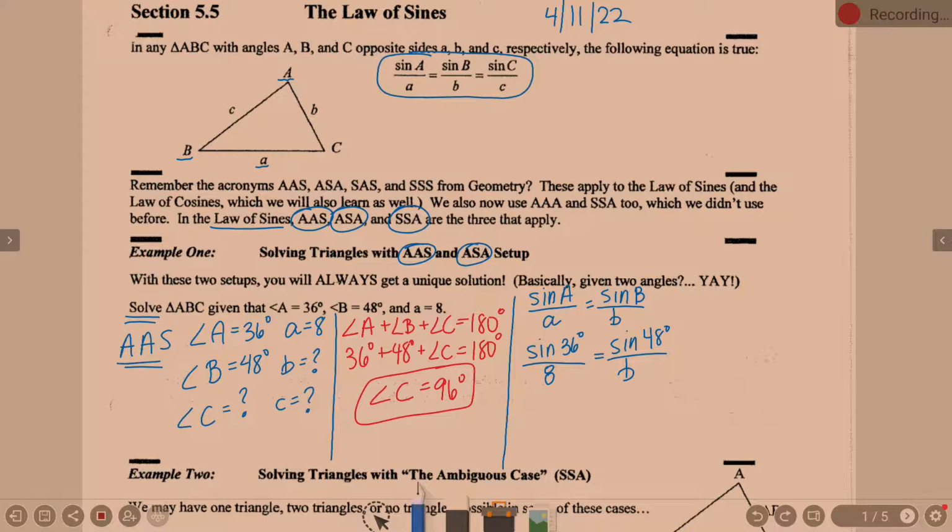So if I use cross products, then I can say b times the sine of 36 degrees is equal to 8 times the sine of 48 degrees. How do I solve for b? How do I get b by itself? If it's b times the sine of 36, we're going to divide. And so b is going to be equivalent to 8 times sine of 48 degrees divided by sine of 36 degrees.